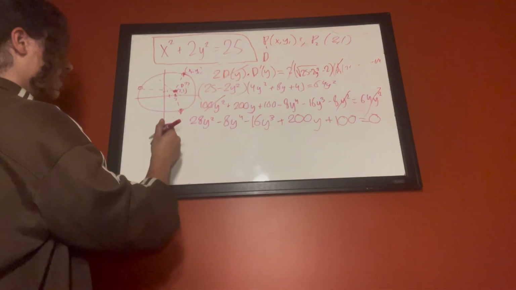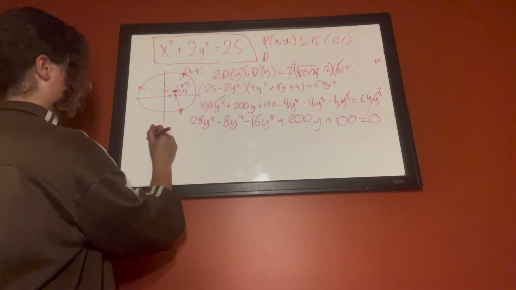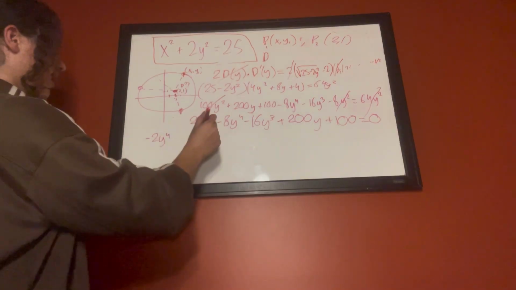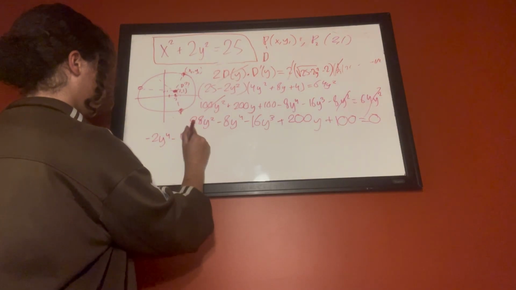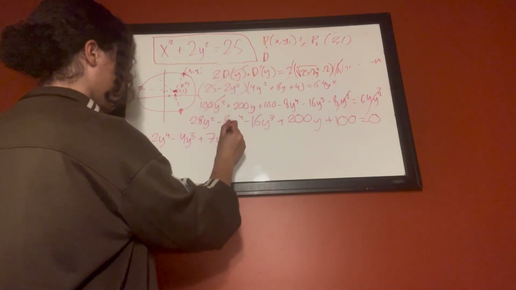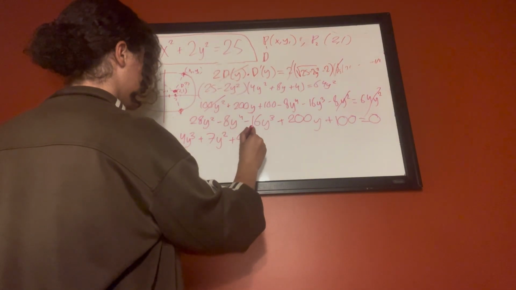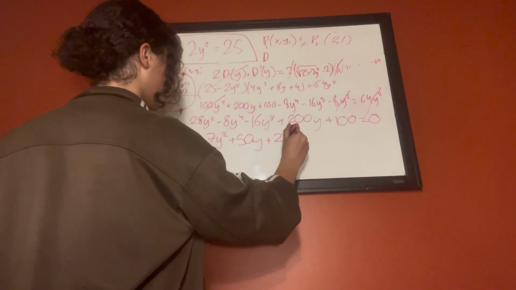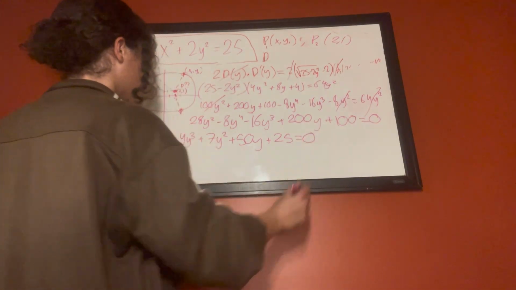So I get minus 2y to the 4 minus 4y cubed plus 7y squared plus 50y plus 25 is equal to 0.